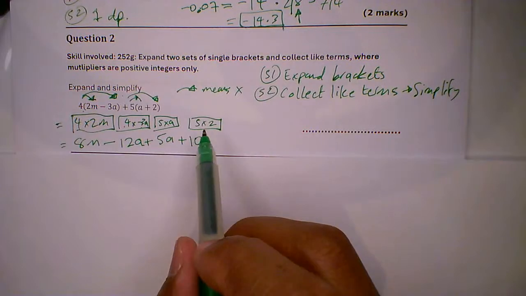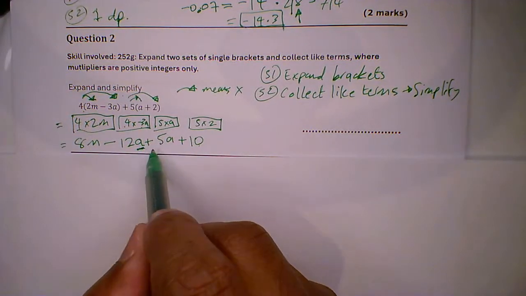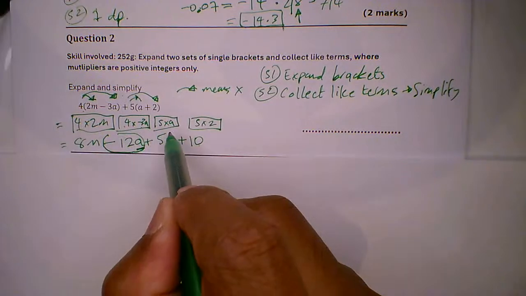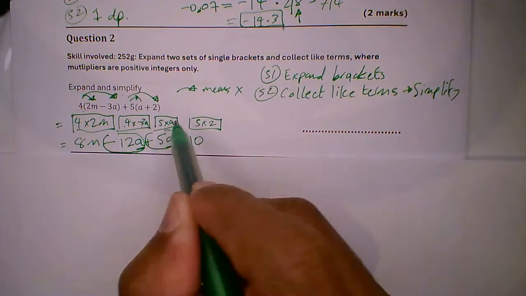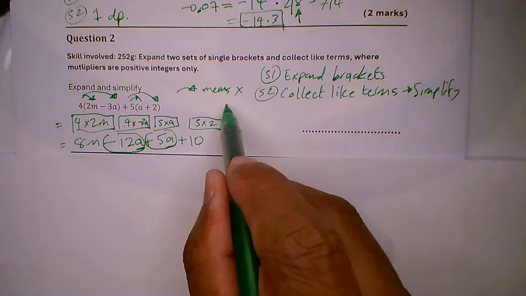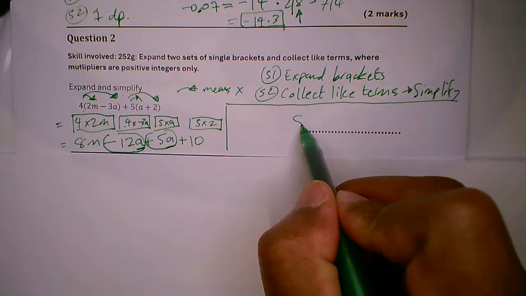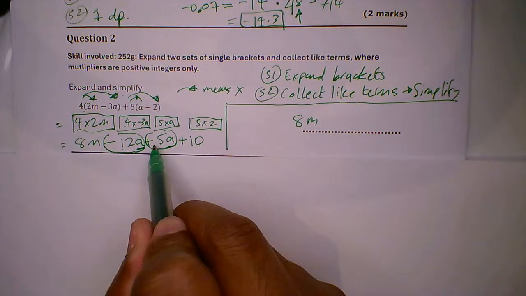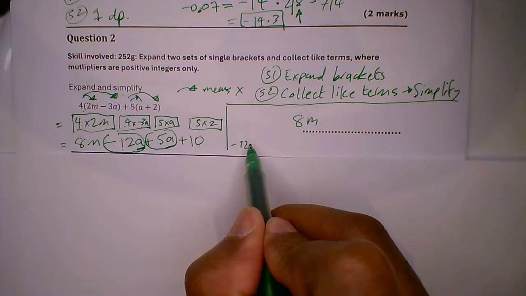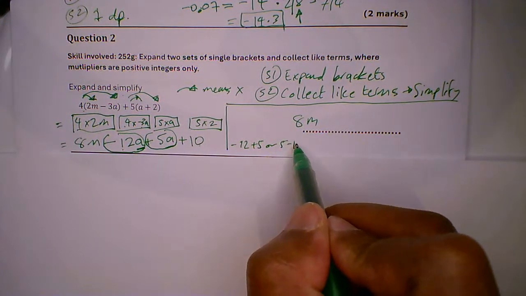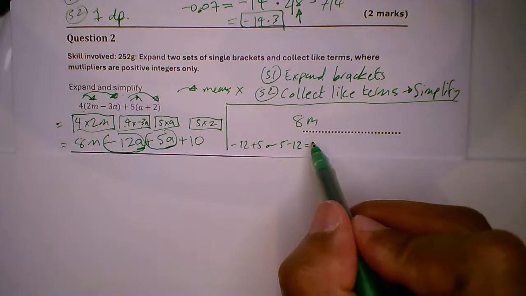Okay, so we look for like terms here. You can see there's an a term here and an a term there. So we've got minus 12 plus 5 here. So you've got 8m, minus 12a plus 5a is the same as 5 take away 12, which is minus 7.